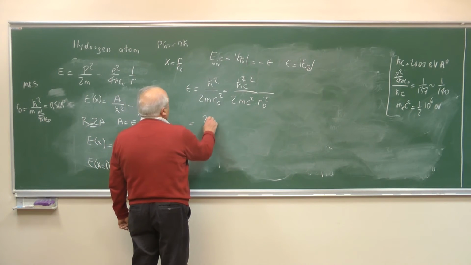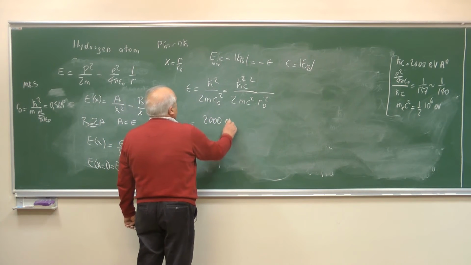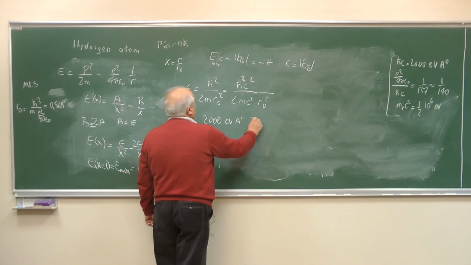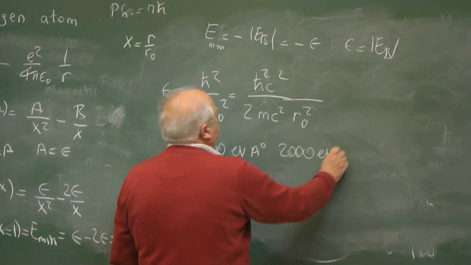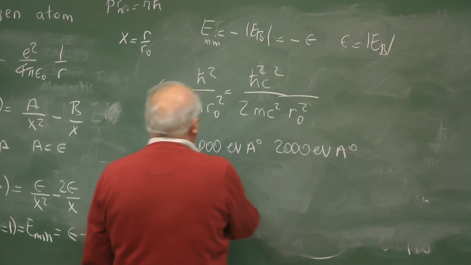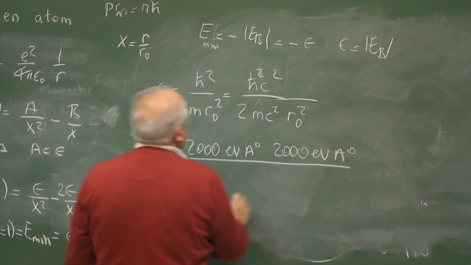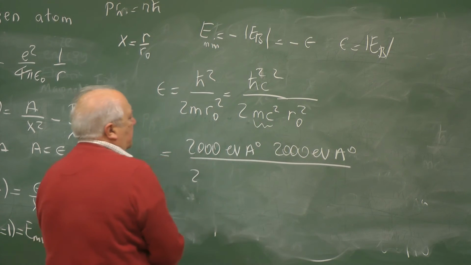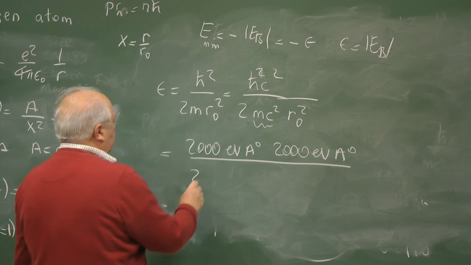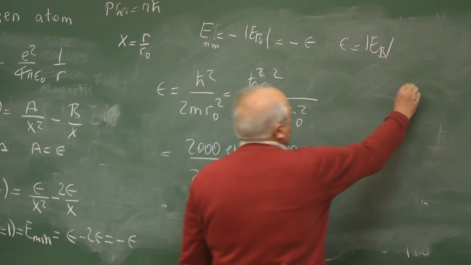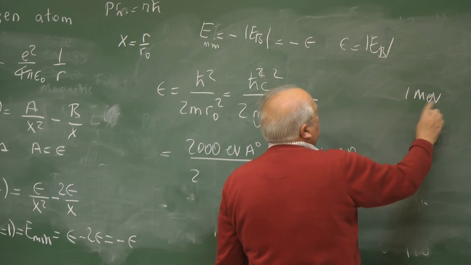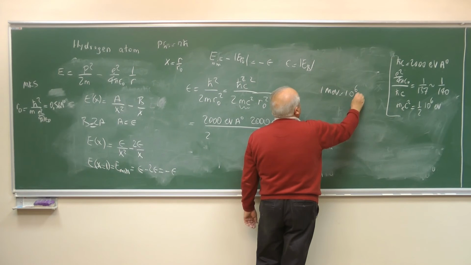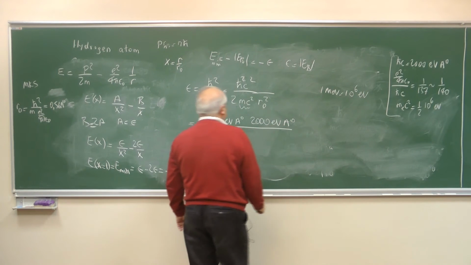That's equal to 2000 electron volt angstroms divided by 2. mc square is 1/2 MeV. MeV is mega electron volt, 1 million electron volts.